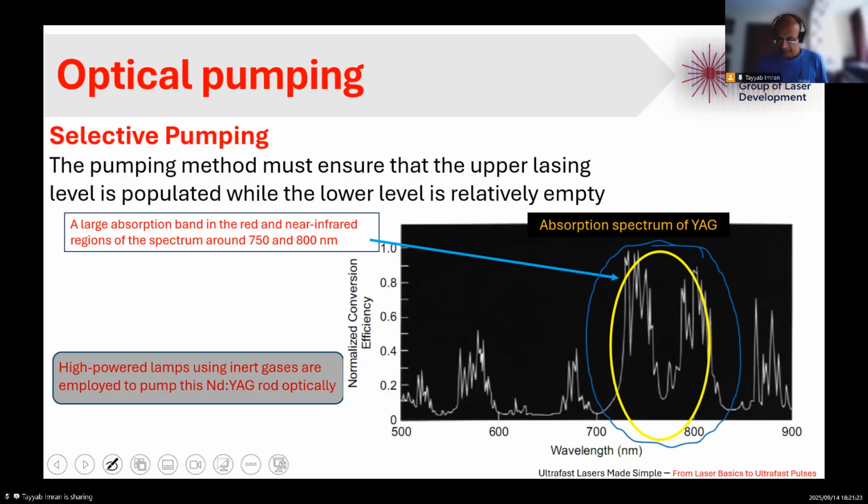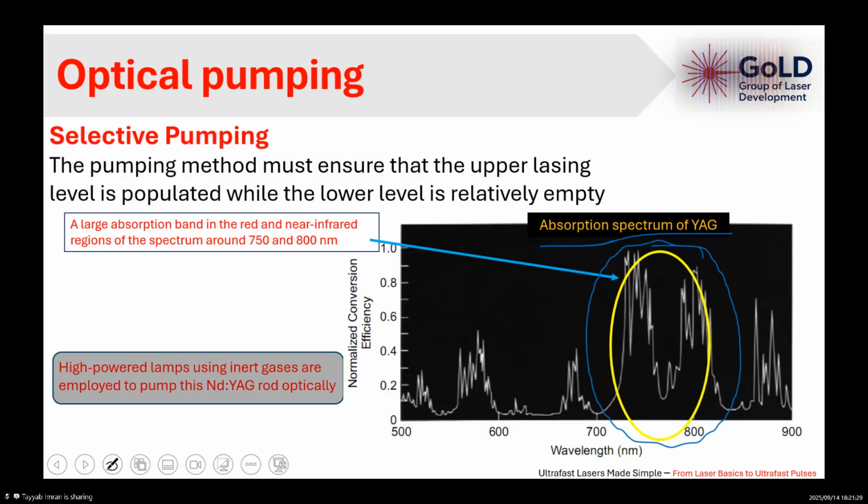This is the absorption spectrum of the YAG, for selective pumping.